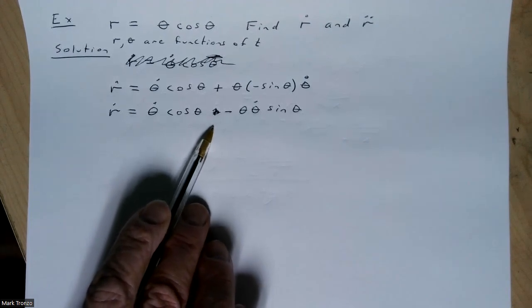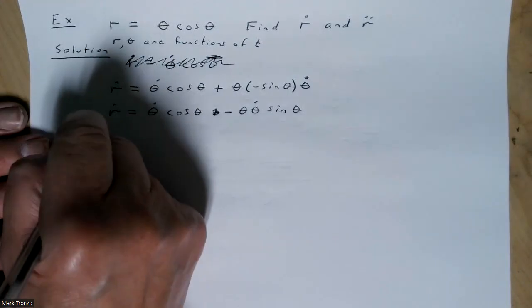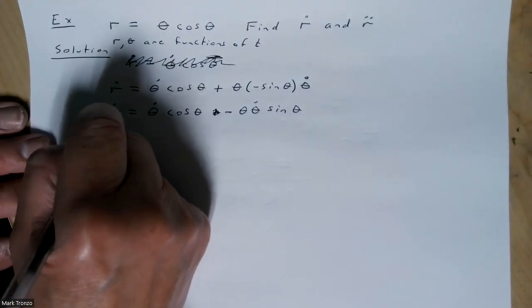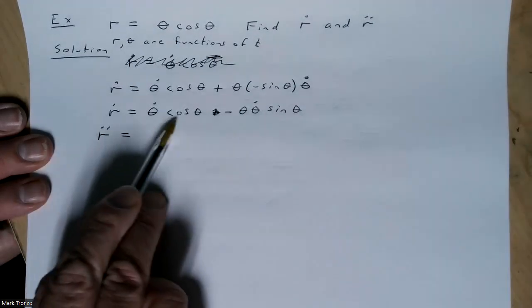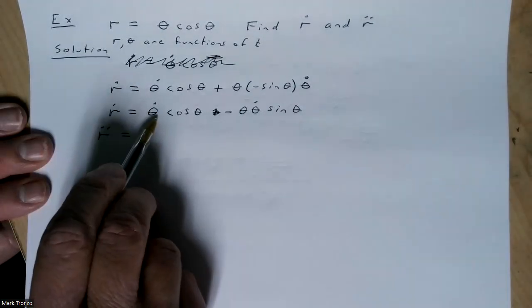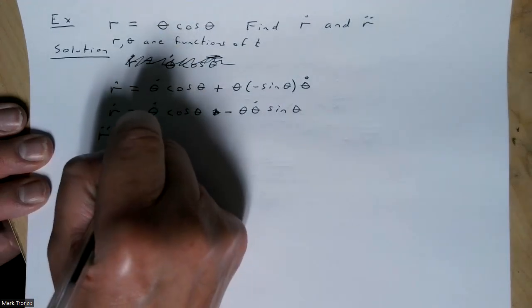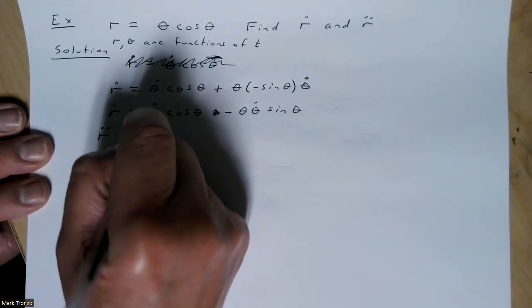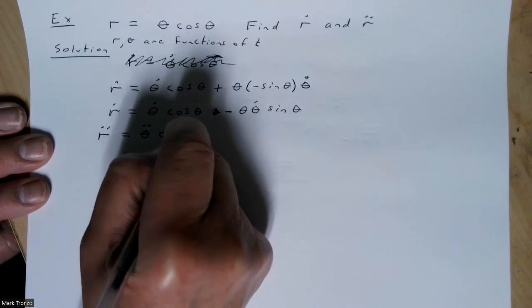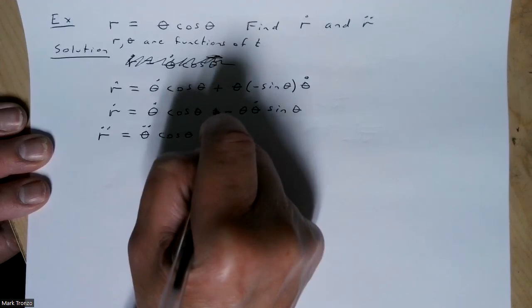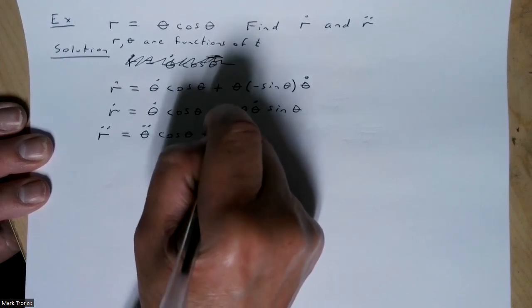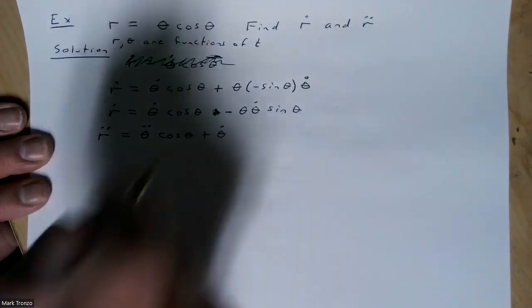So now let's take the next derivative. Second derivative here, that'll be r double dot. And now we have a product here. Once again, derivative of the first is going to be theta double dot times the second plus the first times the derivative of the second.